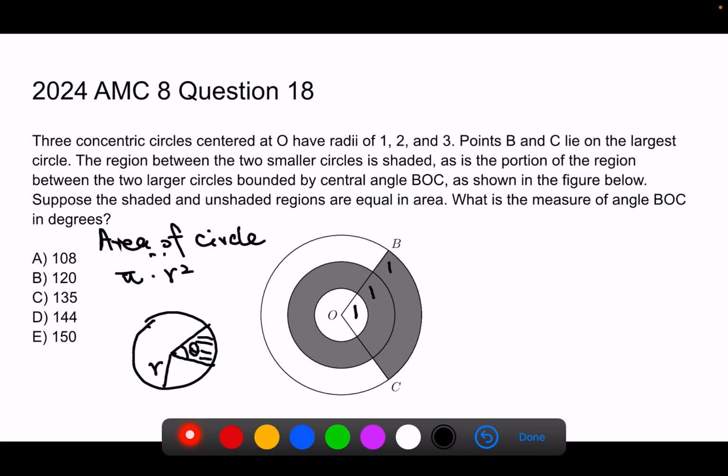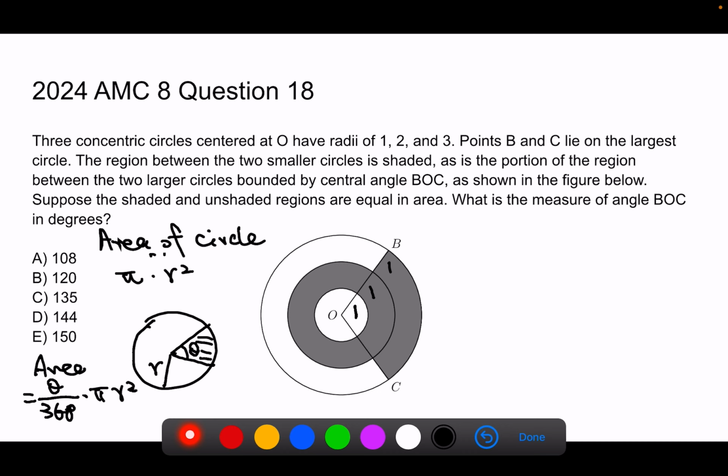So the area in this case is going to be equal to the angle's measure divided by 360 degrees times pi r squared.